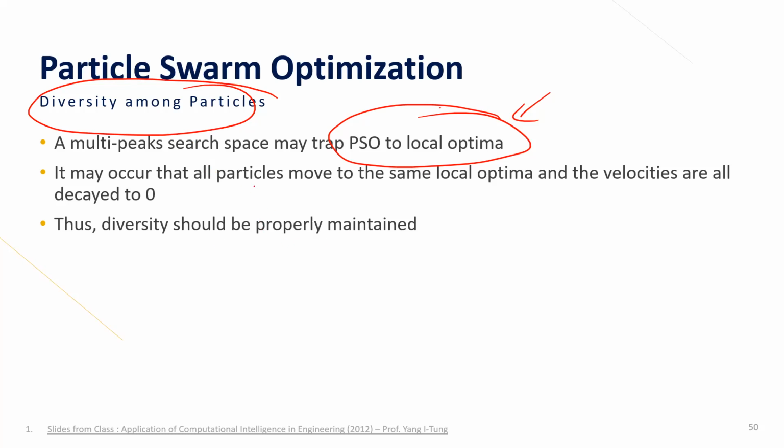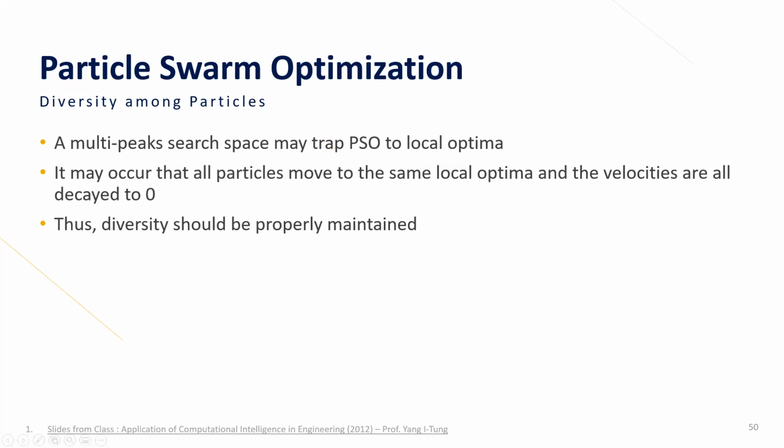You try to maintain that each particle has different characteristics. For example, your first particle has decision variable values of 1 and 1, the second particle is also 1 and 1, and the third particle is also 1 and 1.